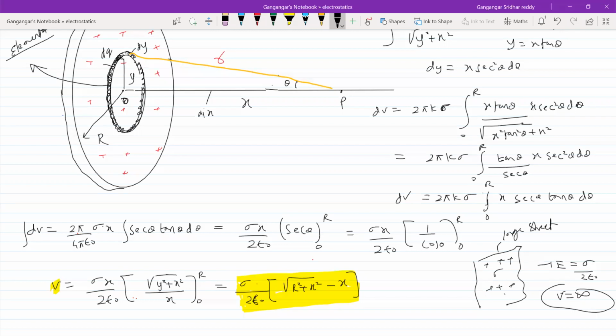Sigma is a value for a given charge sheet. Uniform charge distribution means charge per unit area, it will be a fixed value.